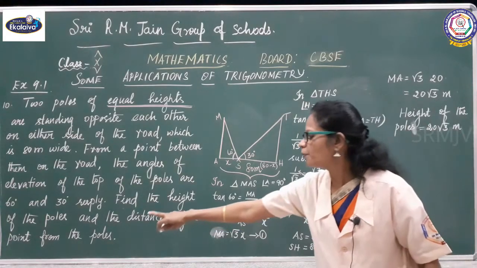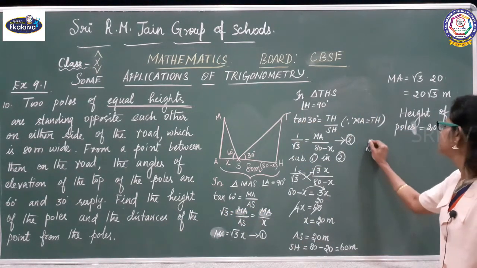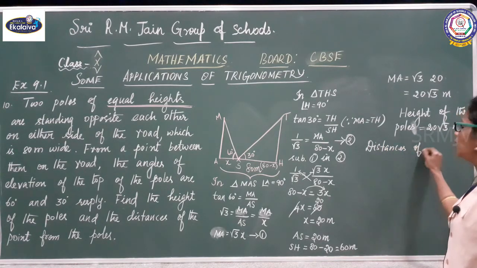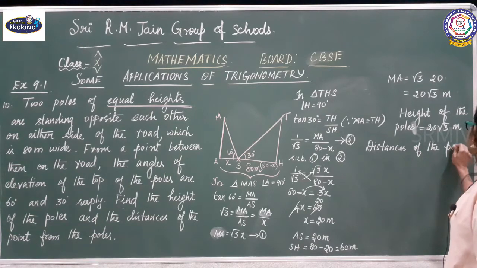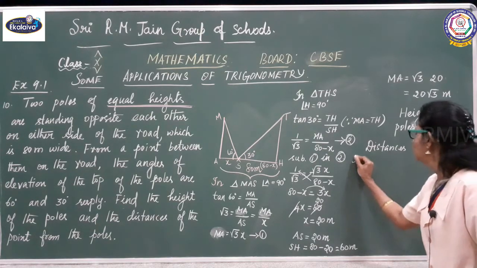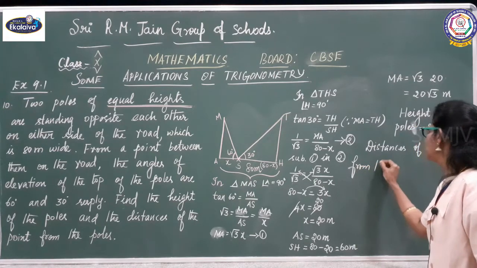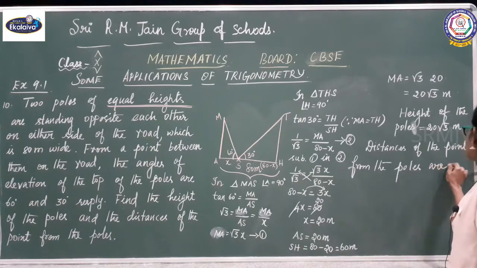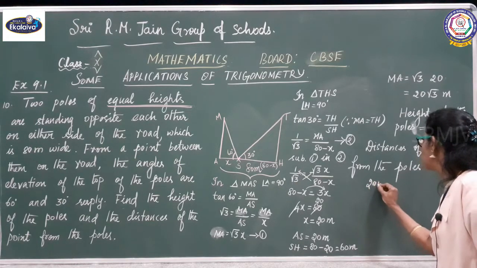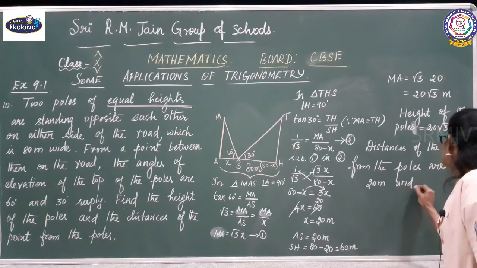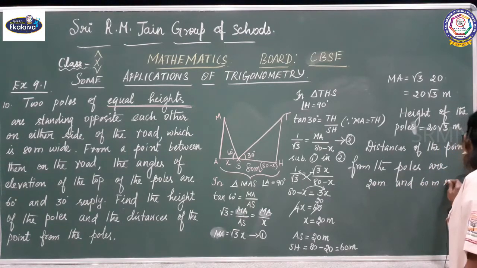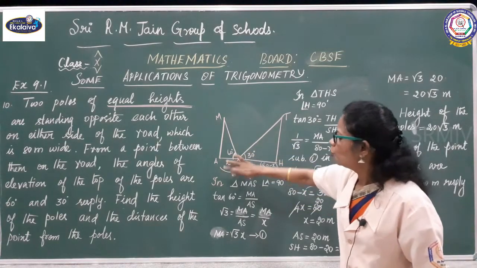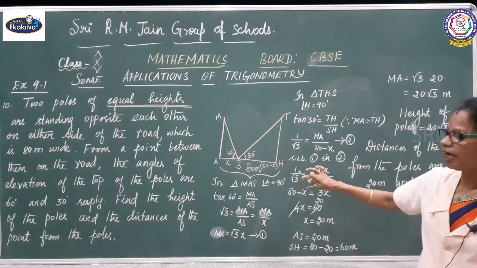The distance of the point from the poles are 20 meter and 60 meter respectively. Got it, children? Two poles, one is MA, another one is TH.